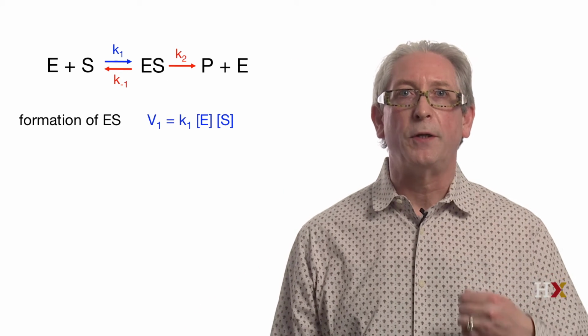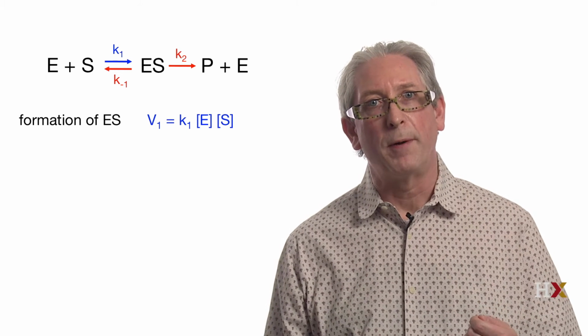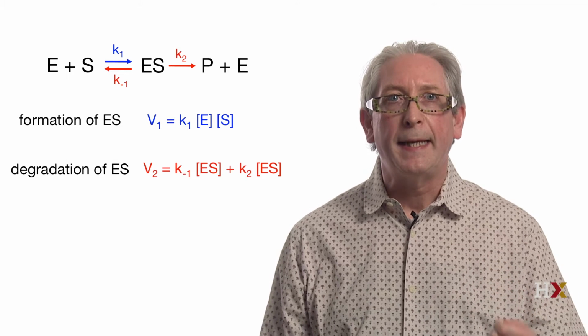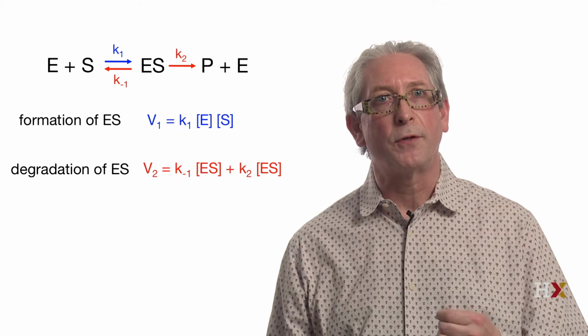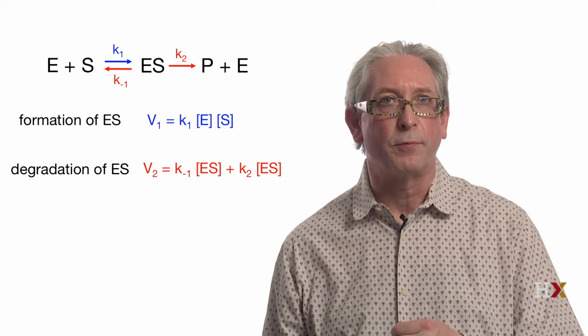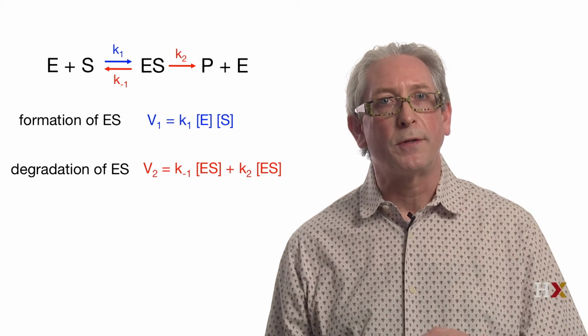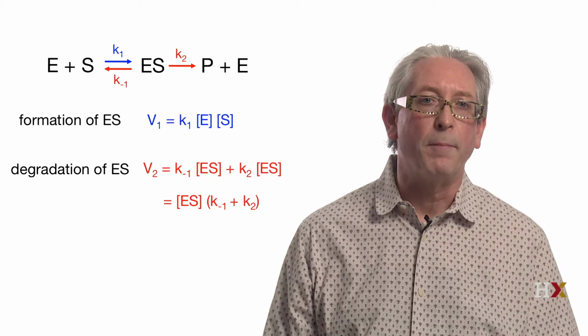So the rate of the degradation of the enzyme-substrate complex is the sum of K-1 times the concentration of the enzyme-substrate complex and K2 times the concentration of the enzyme-substrate complex.